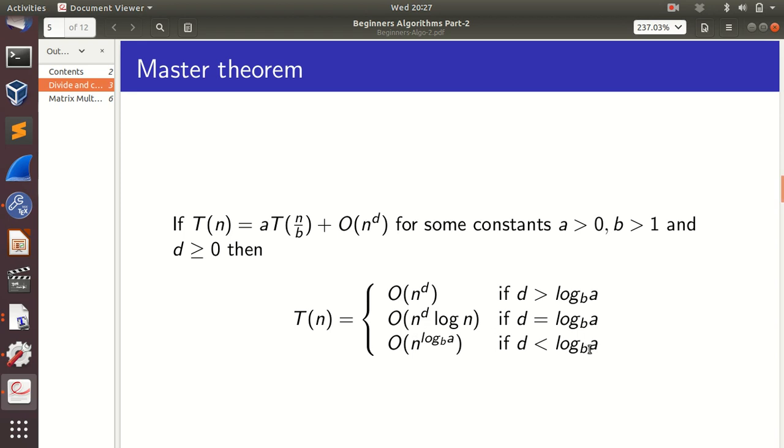And if d is less than log a to the base b, then we have time n to the power log a to the base b. This is a famous theorem, and if you want to look for the proof, you can search for this theorem on the internet. It's actually quite easy to prove. Either you can substitute and check it, or you can deduce it.